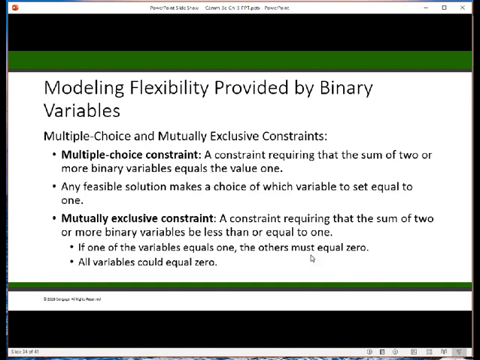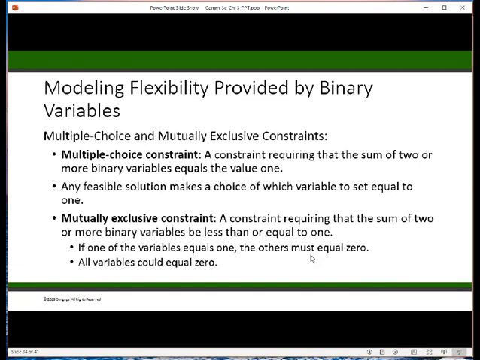So a multiple choice constraint is a constraint requiring that the sum of 2 or more binary variables is equal to the value 1. And any feasible solution makes a choice of which variable to set equal to 1.